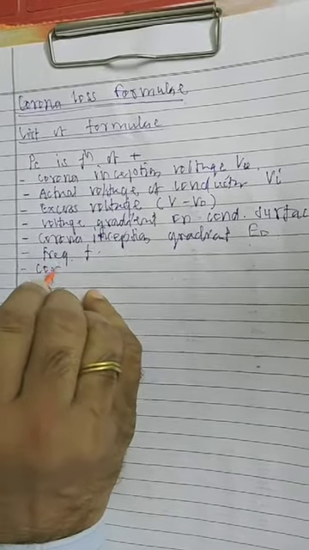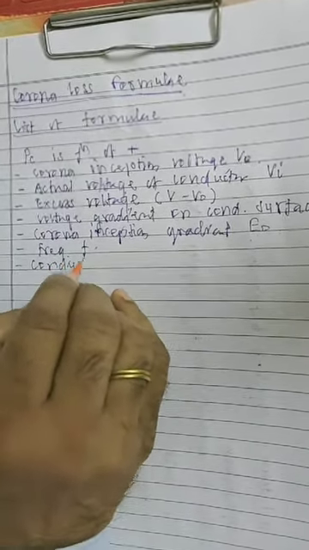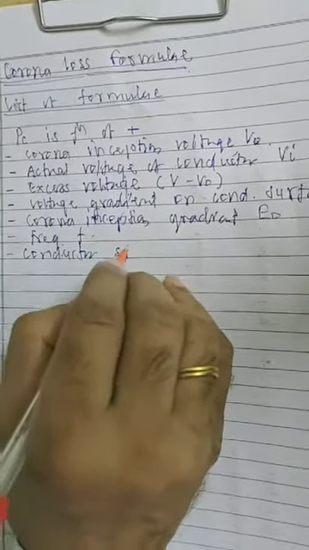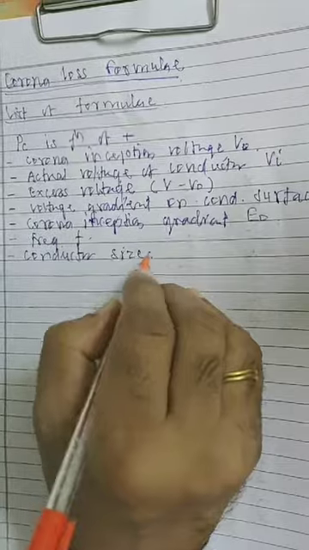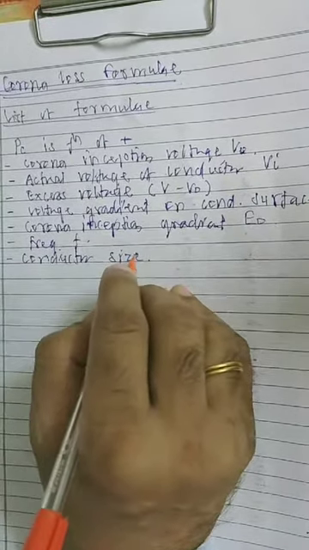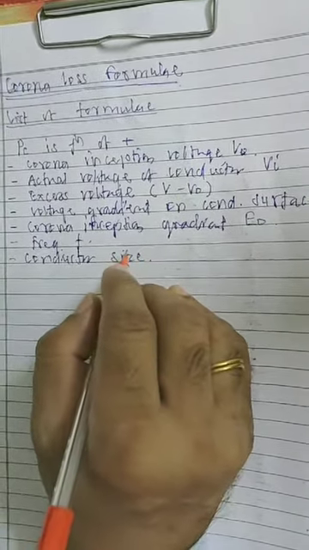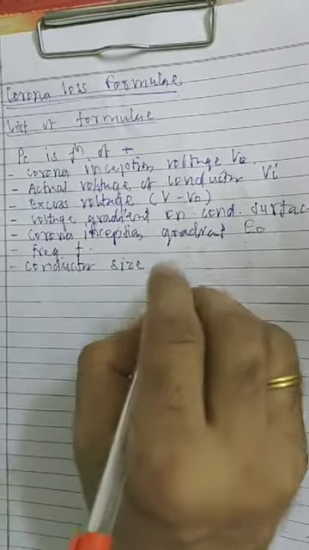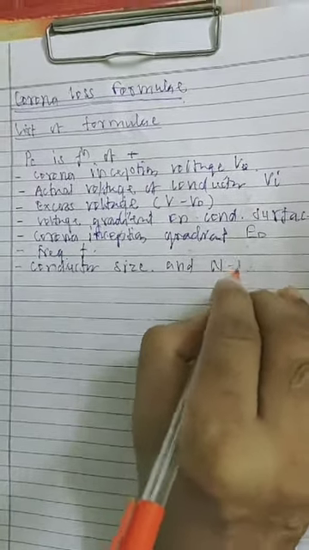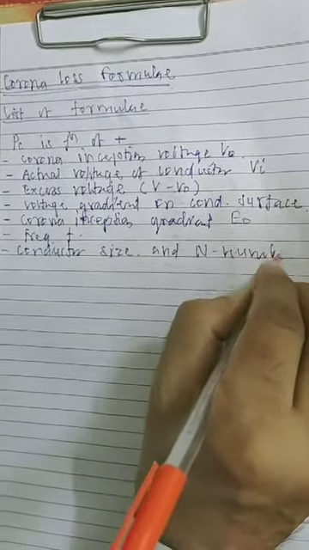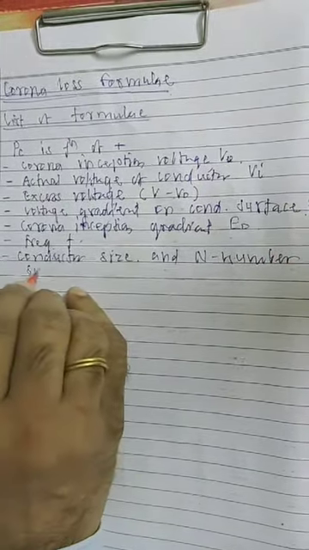Then conductor size and the number of conductors in bundle, and n the number of subconductors in bundle.